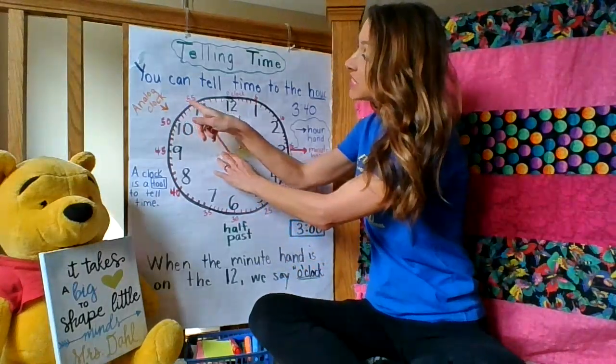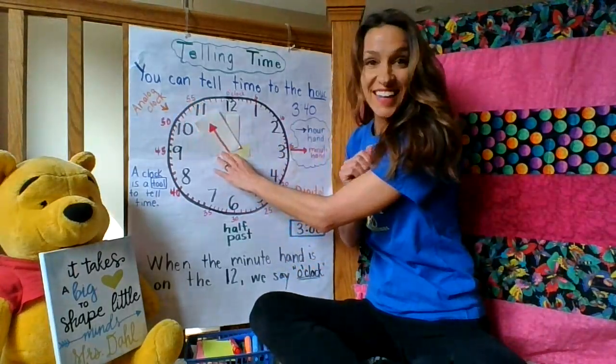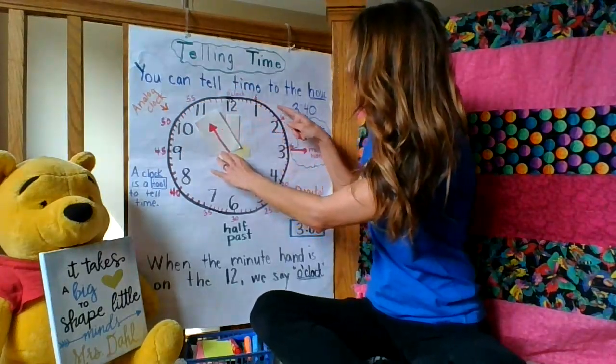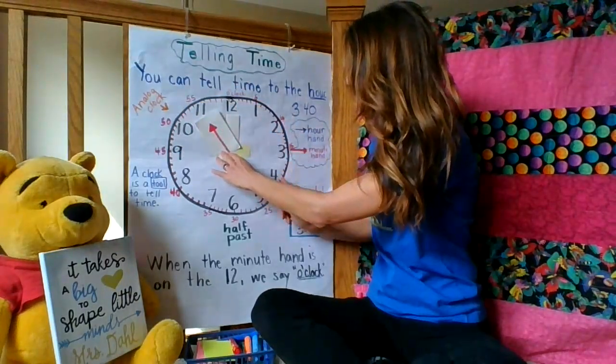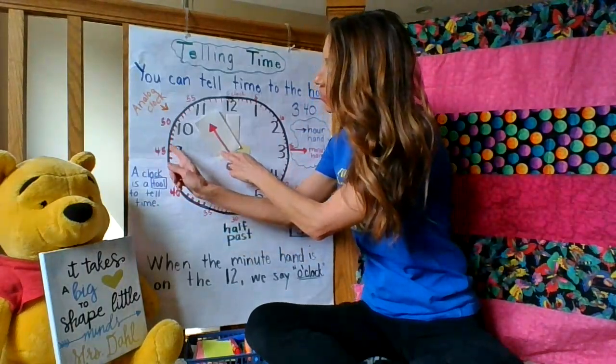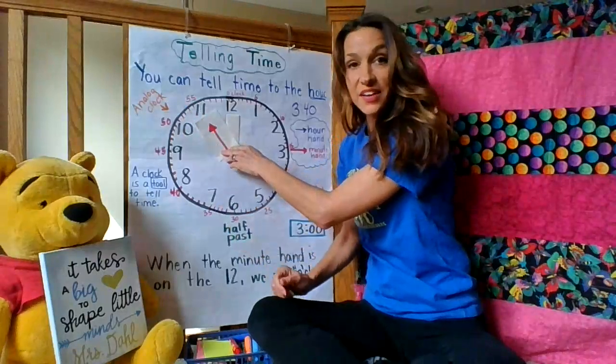And if I don't have these numbers around the clock, and it's not a nice handy clock for a first grader, I can just count by fives. 5, 10, 15, 20, 25, 30, 35, 40, 45, 50, 55.